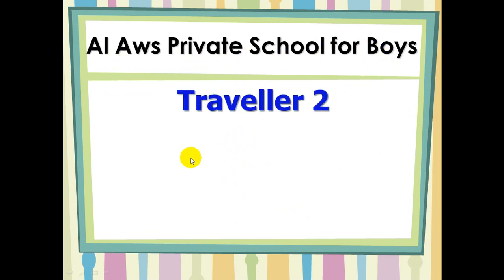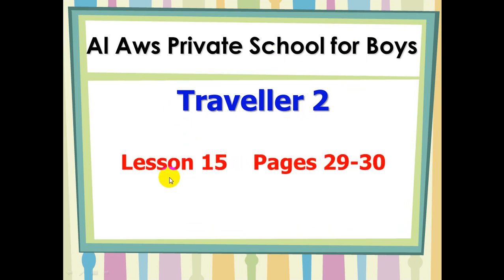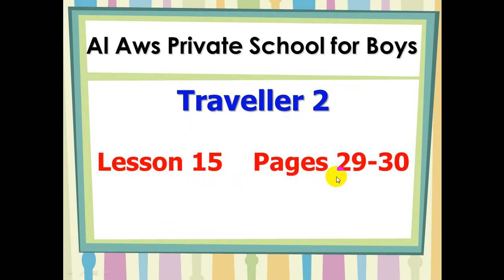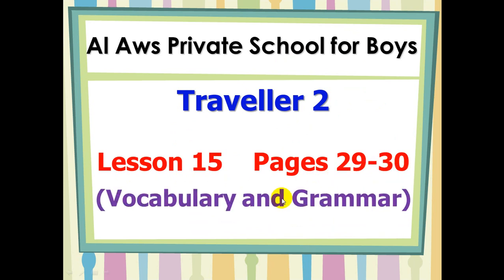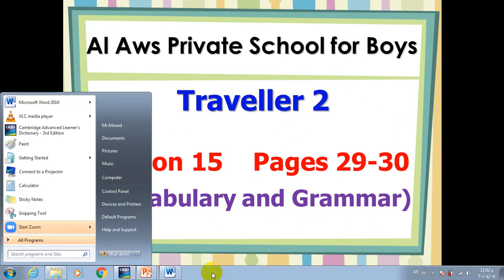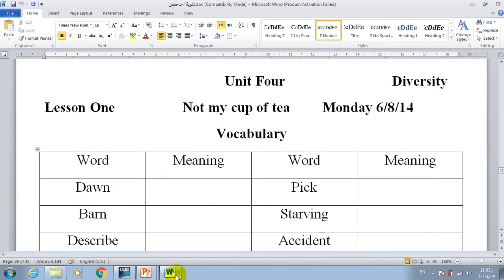Our lesson today is for Traveler 2, lesson 15, pages 29 and 30. Our lesson is for vocabulary and grammar. Okay, let's go to your notes on this page, my dear students.